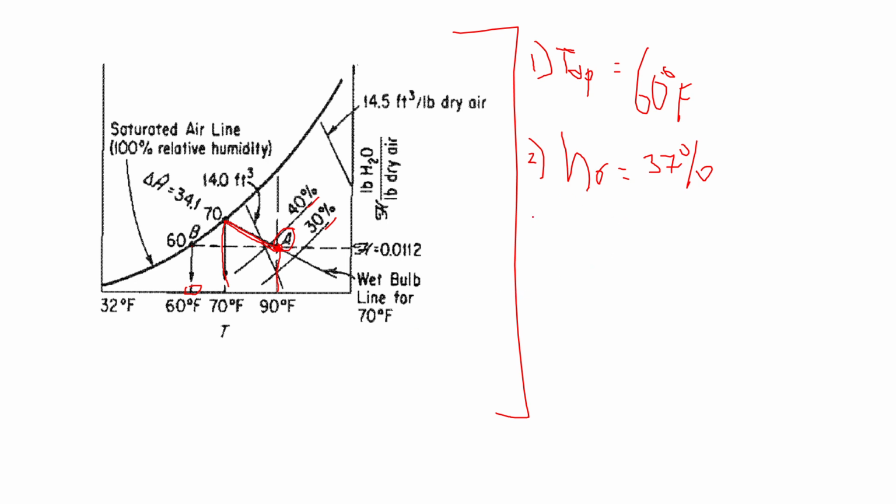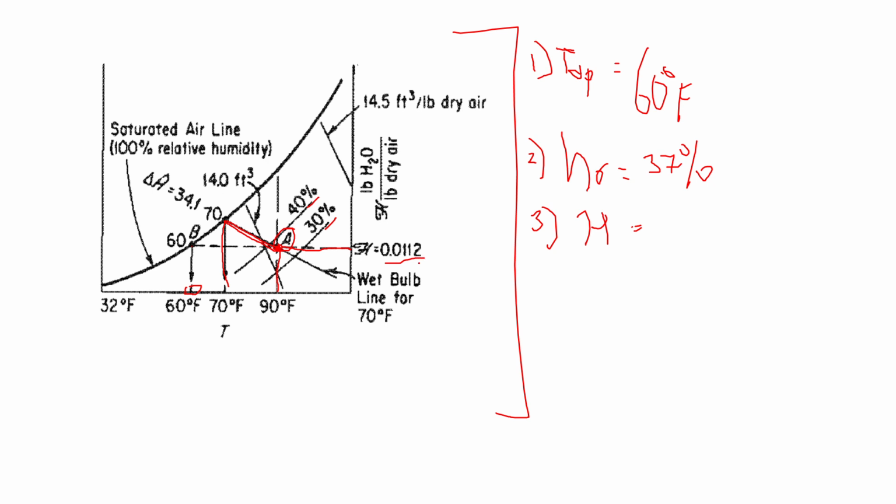Next property is humidity. Humidity we can read from the right hand side axis. So this is point A. When we draw a horizontal line till the right hand side axis, we get a value of 0.0112.